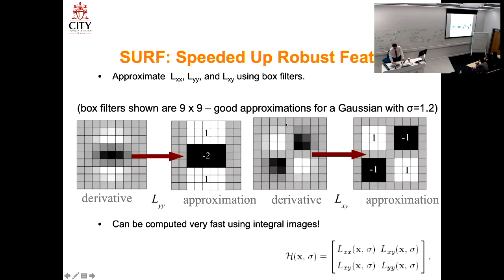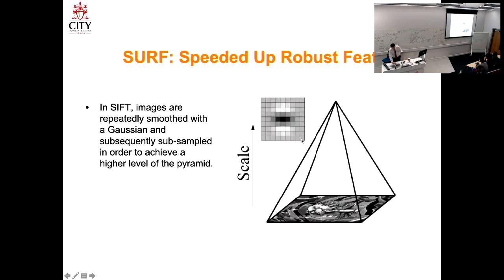So instead of multiplying these filters, you will have just a box filter, and instead of multiplying all those numbers all over the image or around that key point, you will only do this box filter, and you know how fast this is. So this is one approximation. The other thing they do is, in SIFT, images are repeatedly smoothed with a Gaussian and then subsequently subsampled.